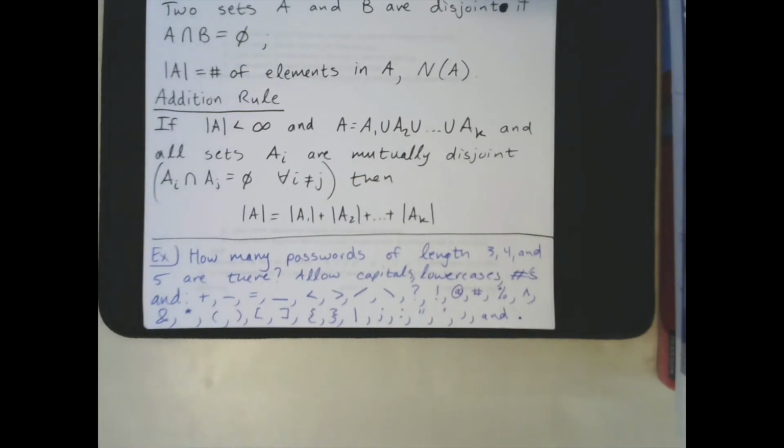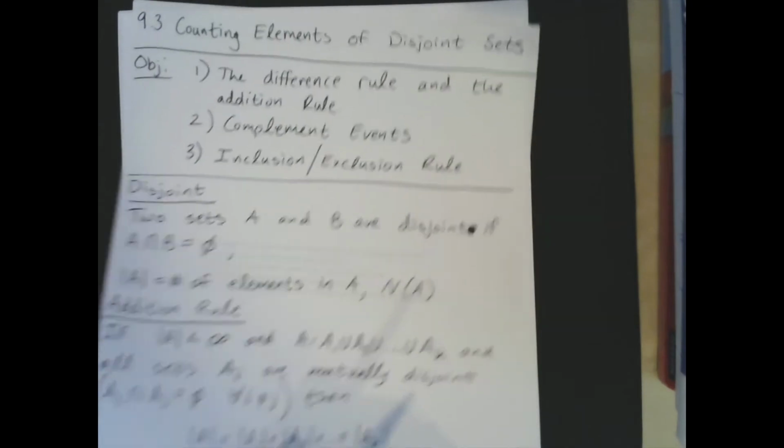We're going to allow capitals and lowercases, all the numbers 0 to 9, and then all of these symbols. And we want to know specifically how many passwords can we make. Now, this is the only restriction. So you can repeat, you can do all that stuff, so we don't have to do any combination stuff.